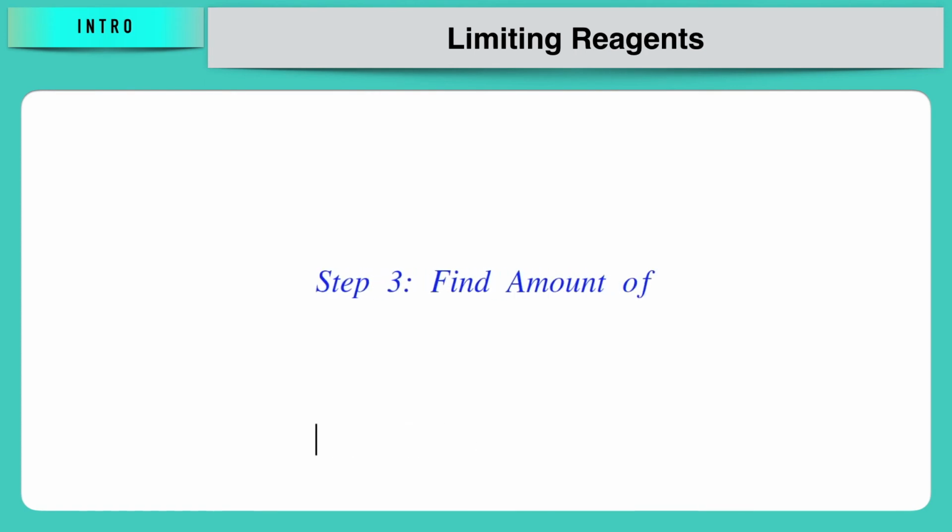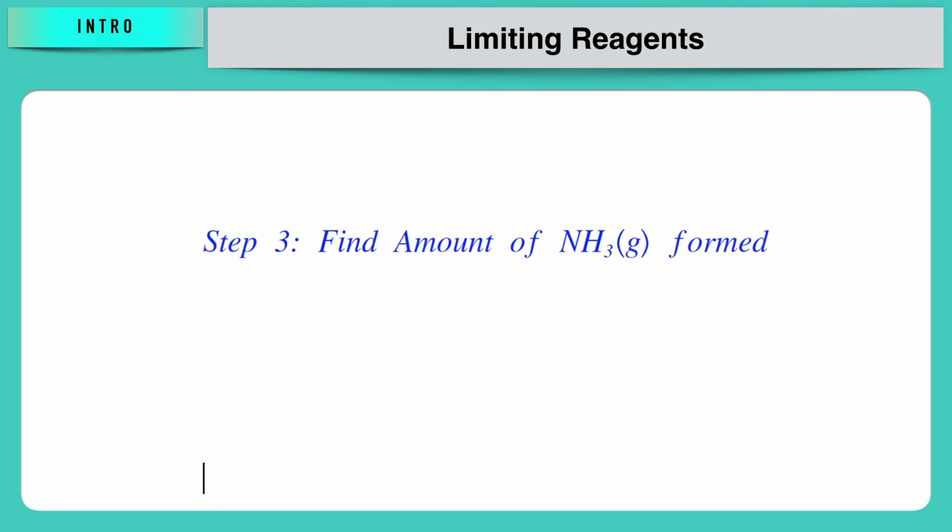Now one more part we are left with in that numerical, that is you need to calculate the amount of NH3. The third step is to calculate the amount of the product which is formed. In such a case, you need to remember the amount of product formed depends upon the limiting reagent. So which is the limiting reagent we found out? That is H2.